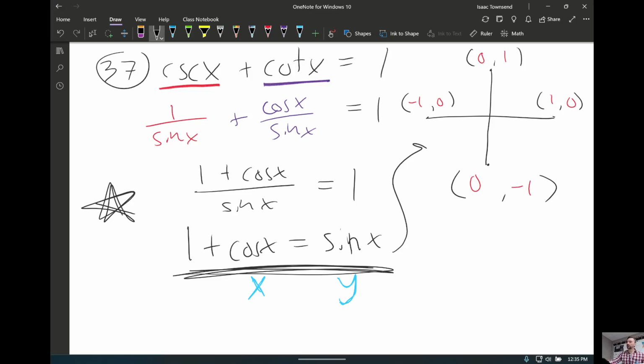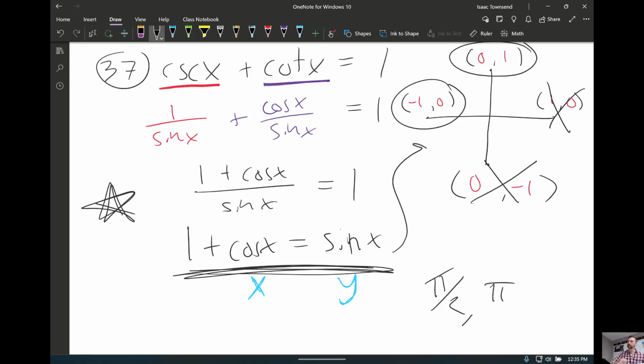So if I add 1 to cosine, I get 2, does not equal sine. If I add 1 to cosine, it does equal sine. Looks like pi over 2 might work. If I add 1 to cosine, I get 0, which equals sine, so that appears to work. And then right here, if I add 1 to cosine, I get 1. That doesn't equal -1, so that doesn't work.